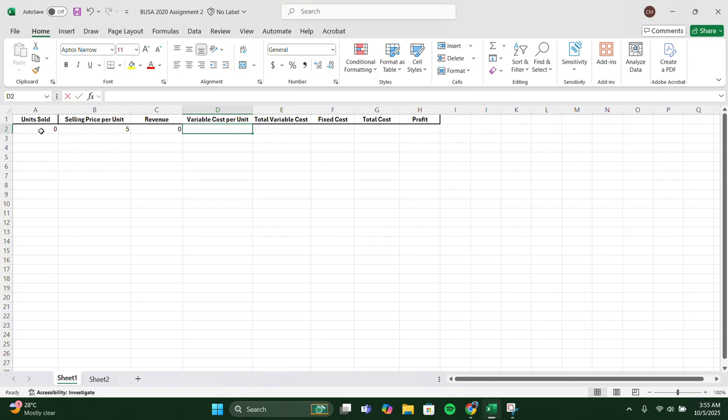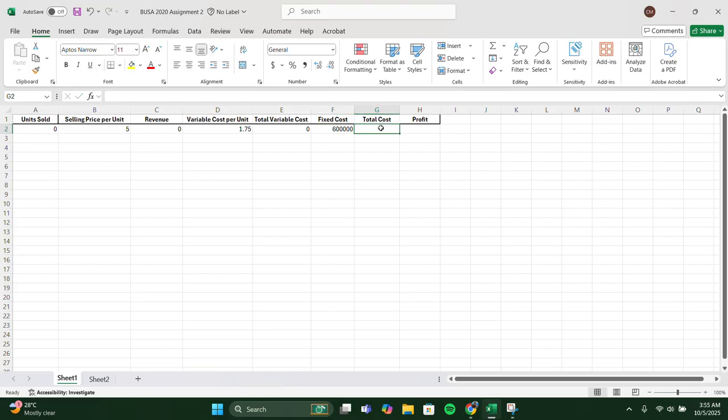The variable cost per unit is $1.75, and then the total variable cost is going to be variable cost per unit multiplied by our units sold. The fixed cost was given: 600,000.